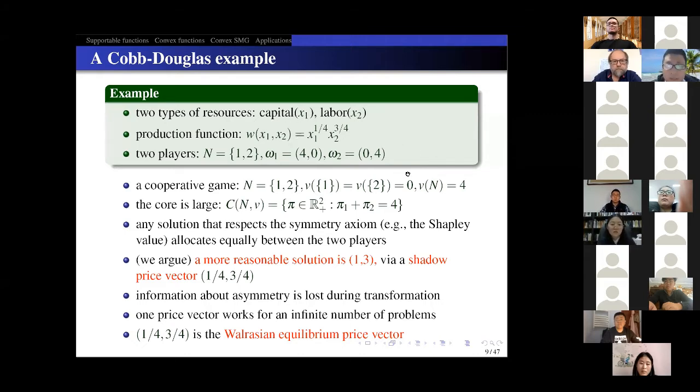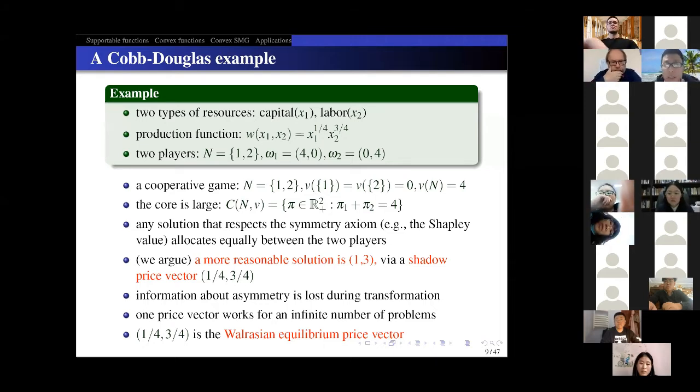In this much more complicated situation, if we use this shadow price vector to allocate the profit, then this allocation rule is still in the core of the new problem, and we can show that the price vector 1/4, 3/4 is the only one that satisfies this property.